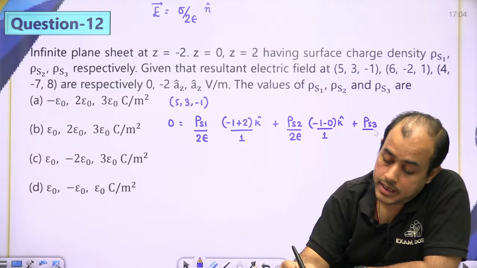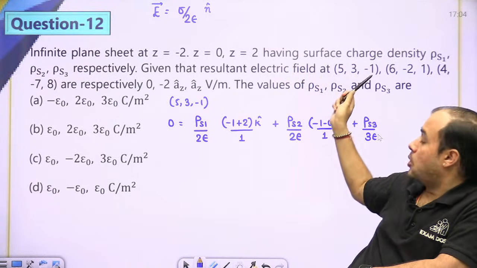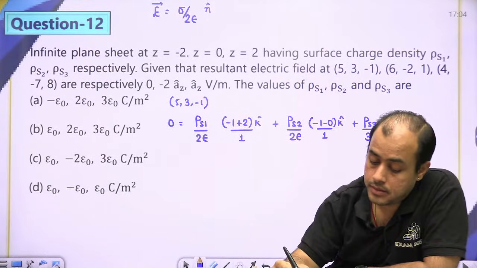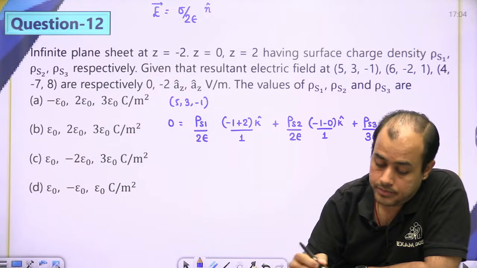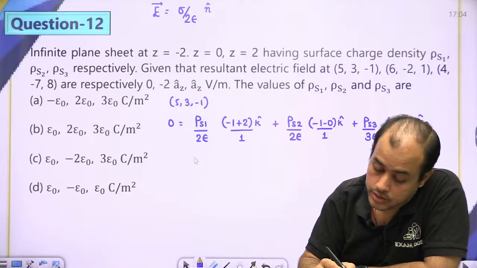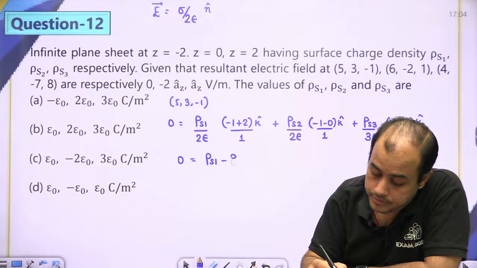I am dividing by the magnitude of the distance. Z coordinate is 2, point is -1. So the magnitude will be 3, so divided by 3. Okay. So it will be plus k cap. Take 2 epsilon common.